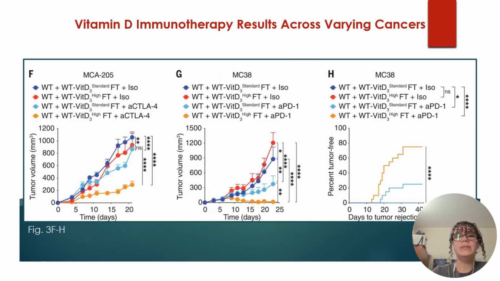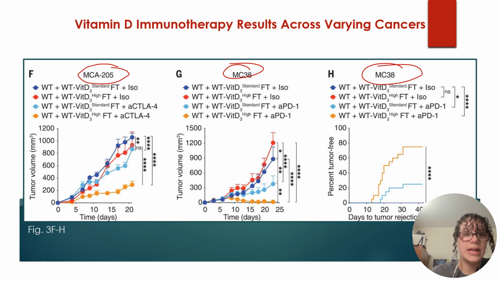Now we looked at vitamin D immunotherapy results across varying cancers, noted here. So in this first, we used anti-CTLA4, and as you can see here, the best results are with the high, and that spans across all of them.